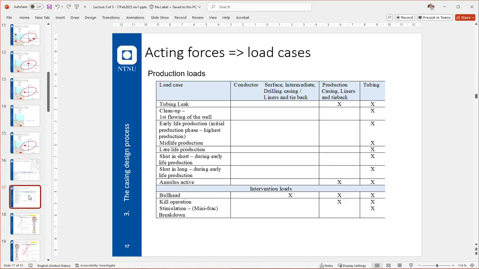And in addition to anything else that is there, you will have the reservoir pressure, shut-in reservoir pressure, on top in the A annulus, on top of everything else. And in principle, that's why we say that we have to design the production tubulars to the same level as the tubing.